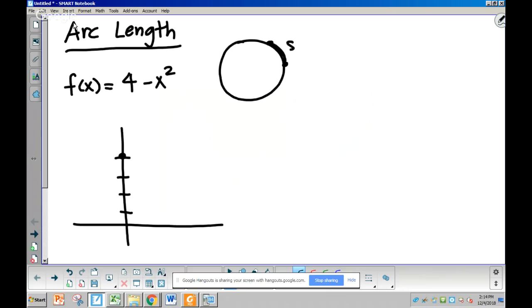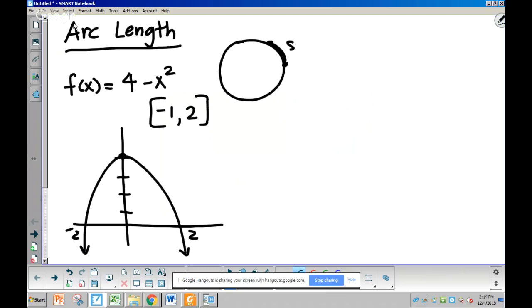That's a parabola that's upside down, and the zeros are -2 and 2. And let's say I want to find the length of the curve from -1 to 2. So I want to find the length from here to here.